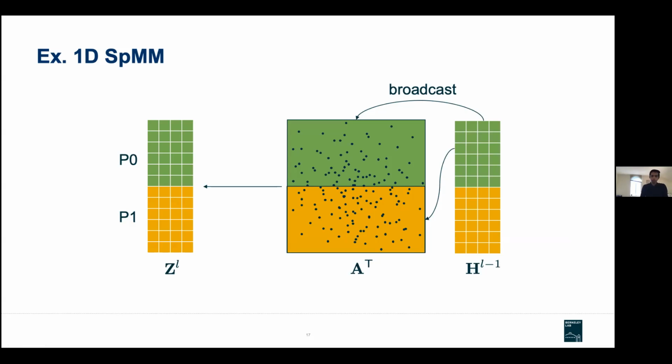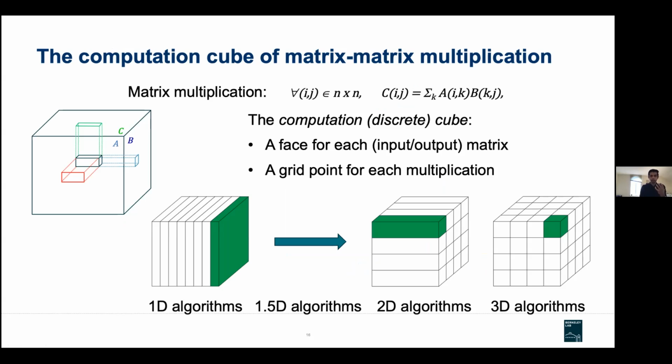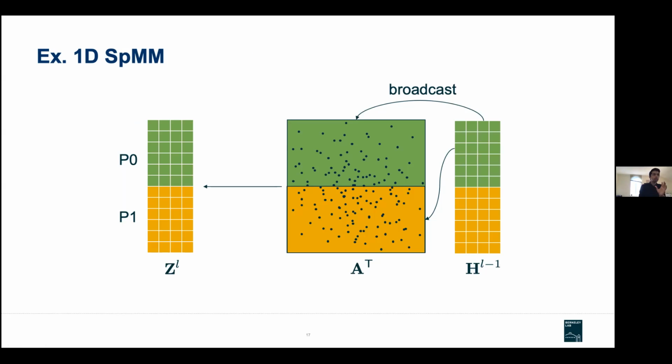So again, there are multiple classes of these distributed matrix multiplication algorithms. And I'll hone in just as an example onto this 1D algorithm. Essentially, the way this 1D algorithm works is we take our input matrices A and H and divide them into block rows.